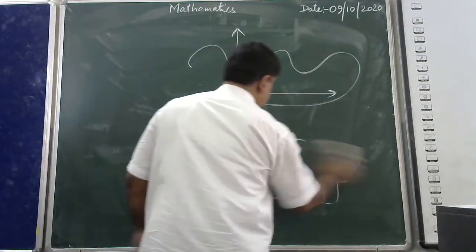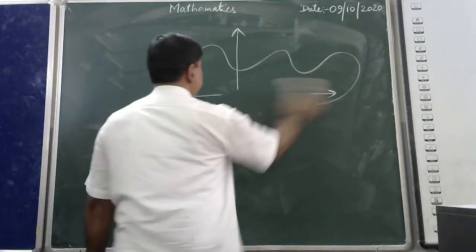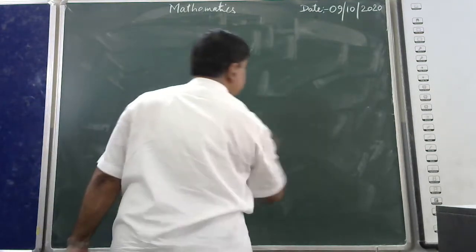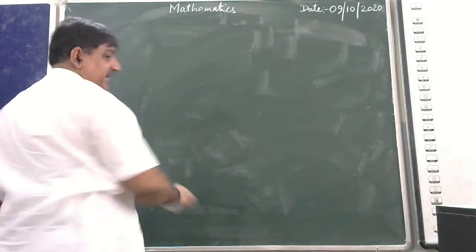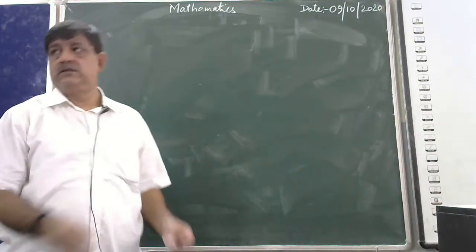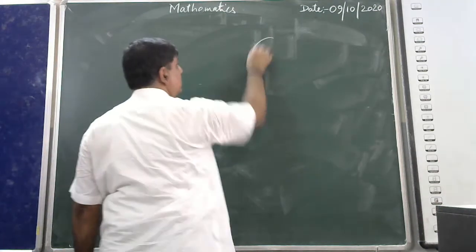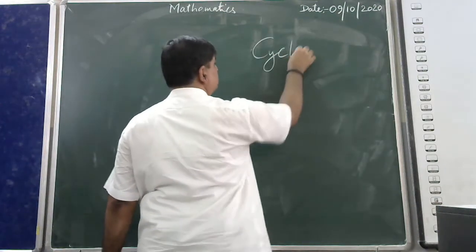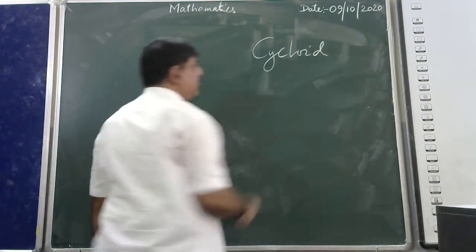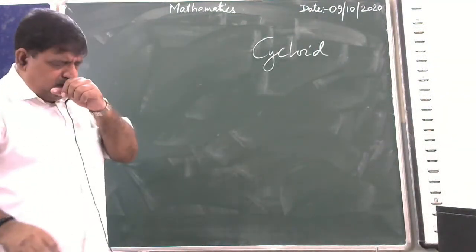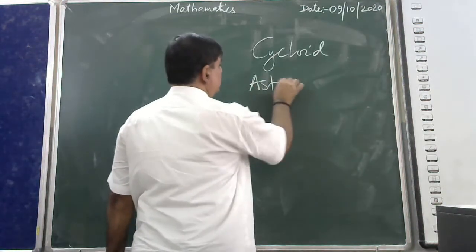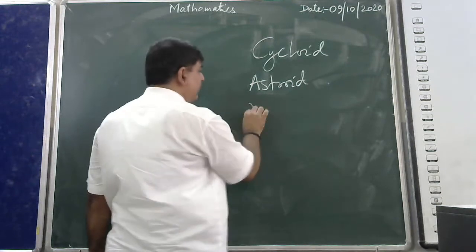Now, a few important different types of locus for science students we can discuss: it may be a cycloid, it may be an asteroid, it may be a nephroid.